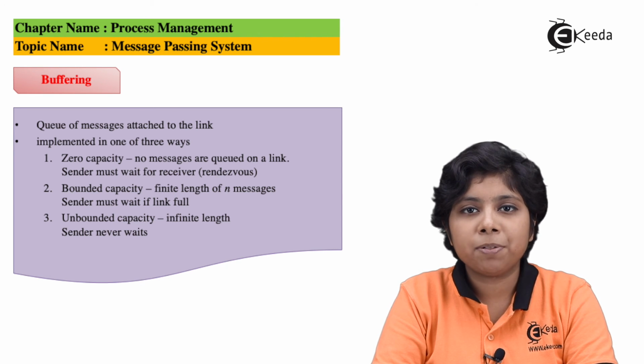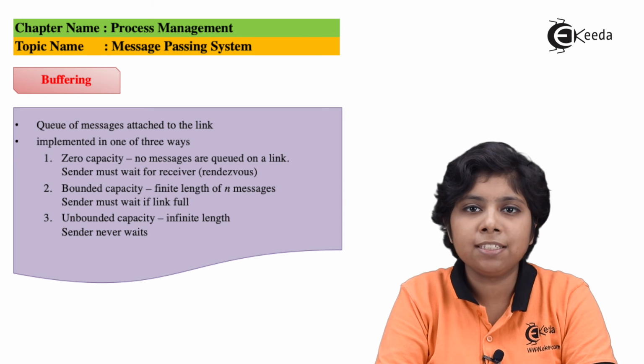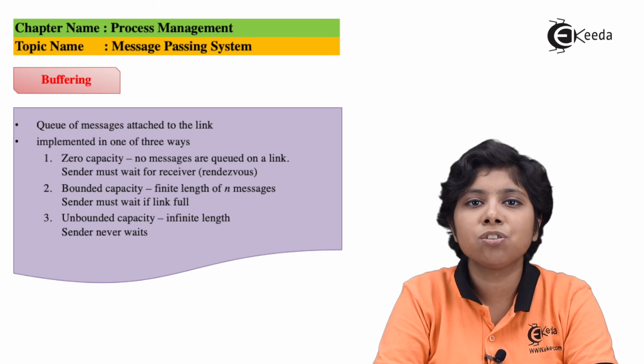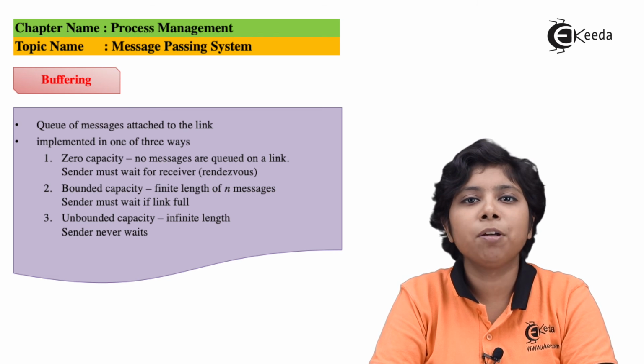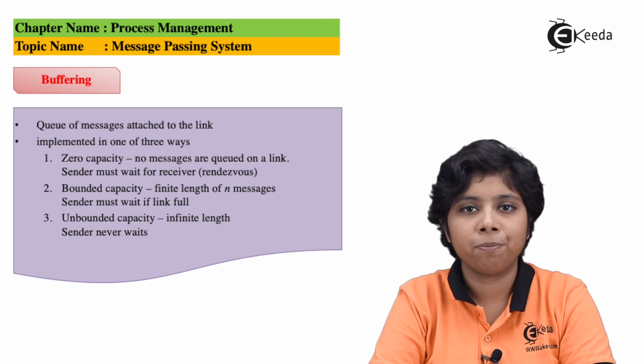In the bounded capacity, there is a limit of size n, say, so the sender can send at most n messages, and if the queue is full, then the sender has to wait for some time so that the receiver can receive some messages, and then the sender can send messages again. And the receiver has to wait if the buffer is empty, until the sender puts some messages in it to be received by the receiver.